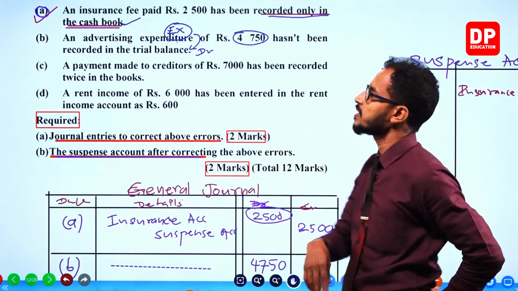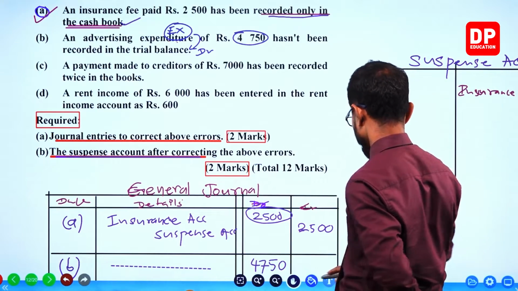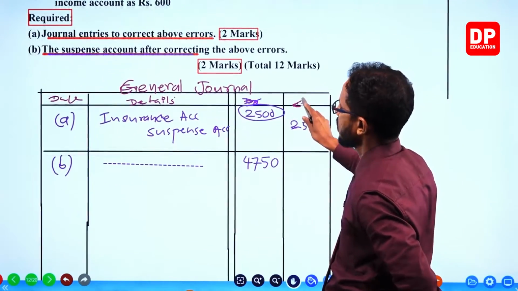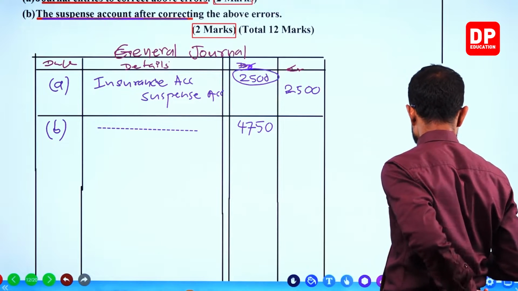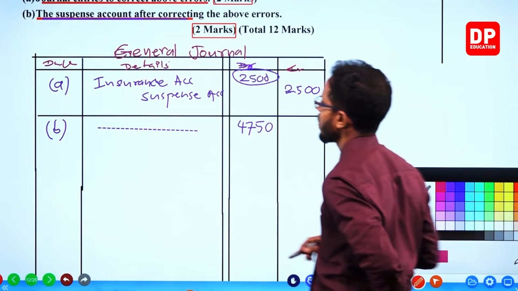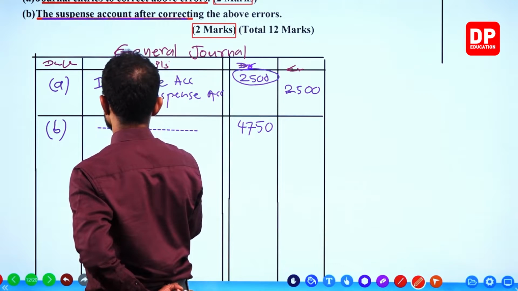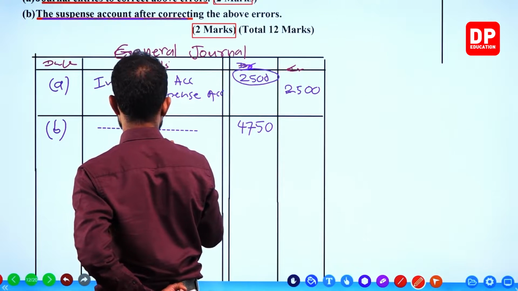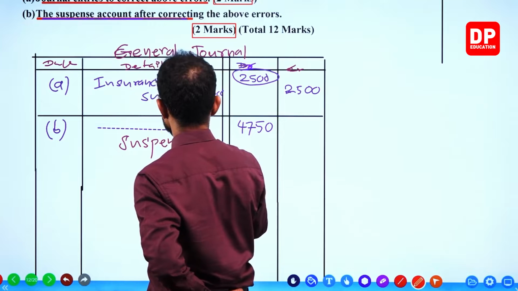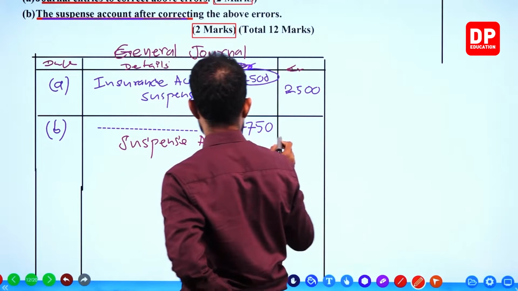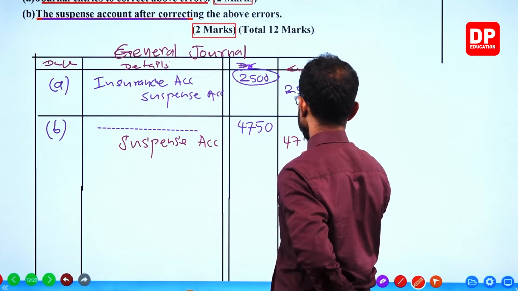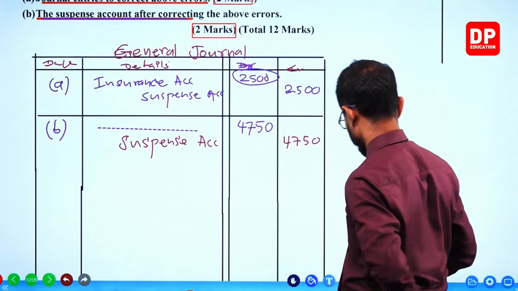We entered credit to the suspense account. Credit to the suspense account, right? Suspense account, 4,750 credit.